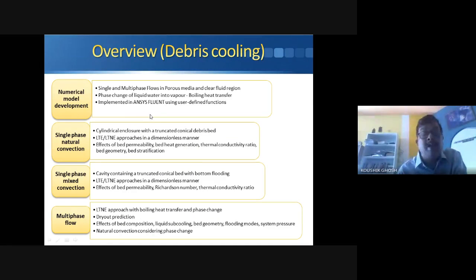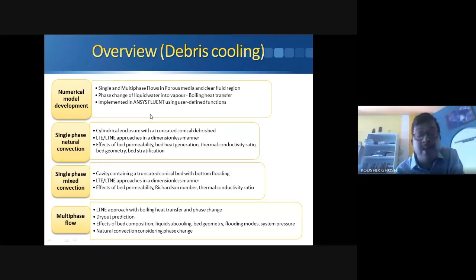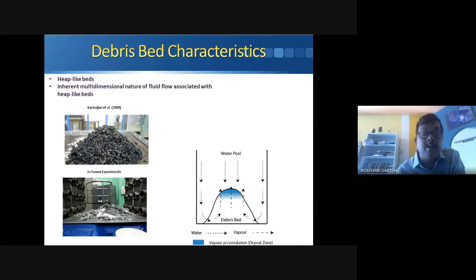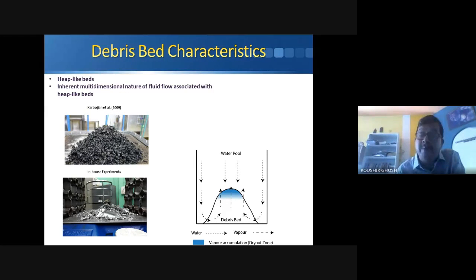Now here the strategy is, we have not used any dedicated code. We tried to use ANSYS Fluent. There was no report of work using ANSYS Fluent or commercial software, because all had used dedicated software or developed indigenous software. This is the first work we have published using Fluent for the debris bed problem, which is a very complex problem, and we have implemented some UDFs.